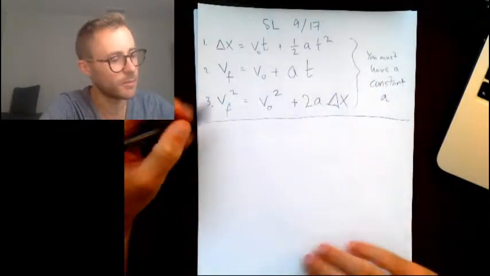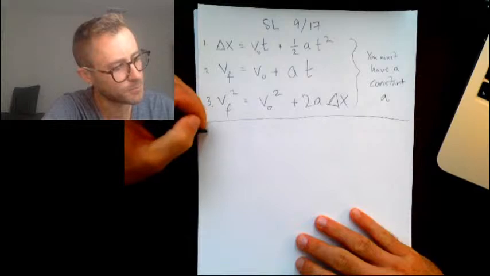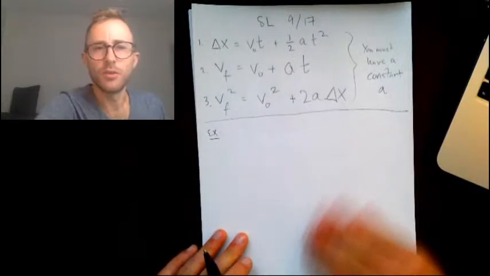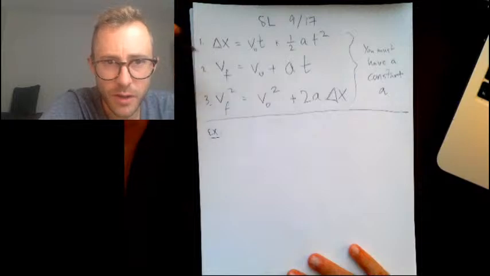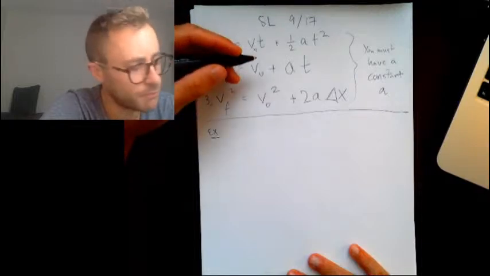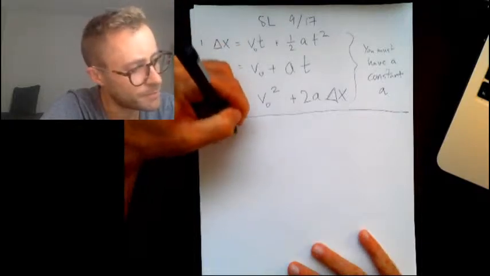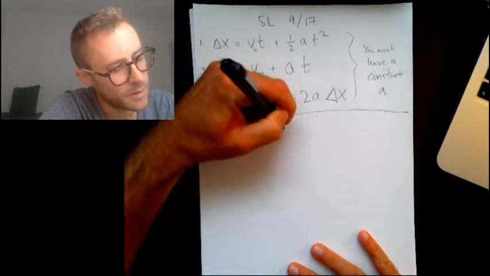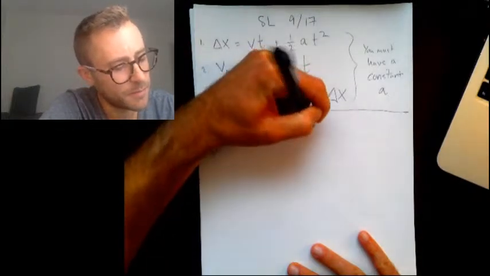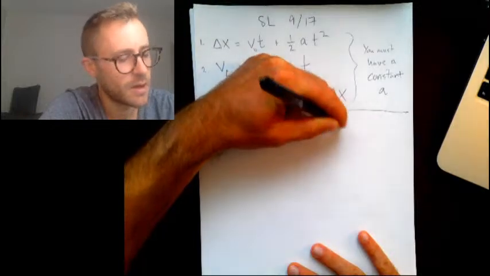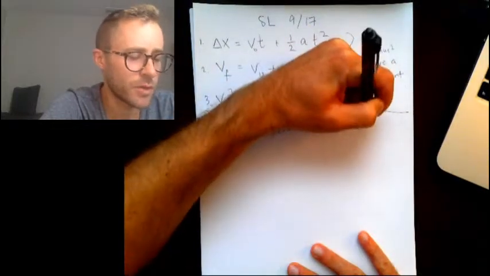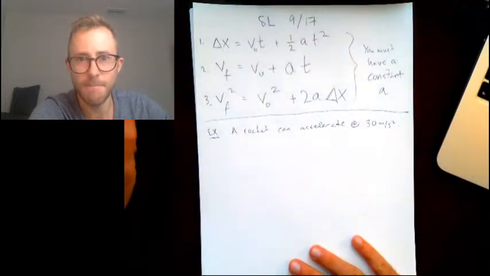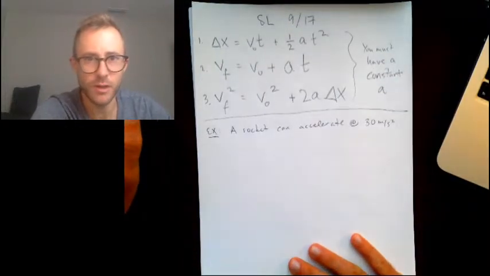As our first example, let's suppose you have a rocket. A rocket can accelerate at 30 meters per second squared when it fires its thrusters.